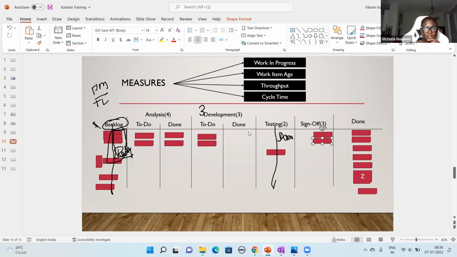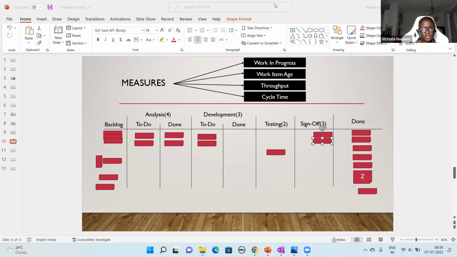Sure. And the last question is, do you estimate in stories or hours in Kanban, or how do you do estimation in Kanban? Kanban doesn't have any such specification. You can estimate in hours if the team feels comfortable. If they want to estimate in days, they can. If they want to make it complicated, they can use story points.